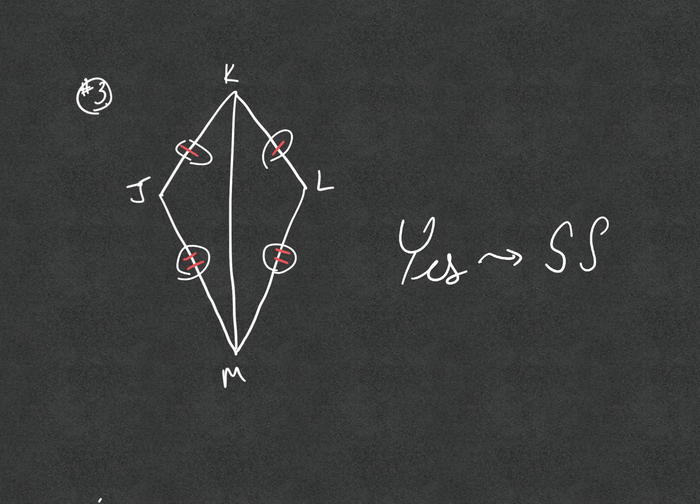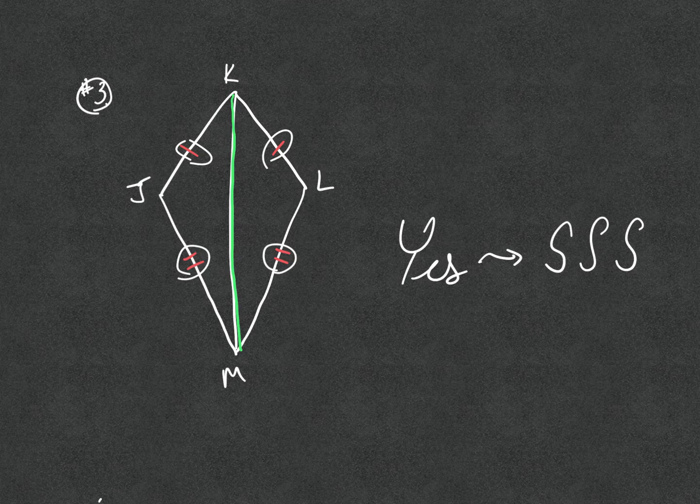The side that they share is side KM. KM in the left triangle is going to be equal to KM in the right triangle. Something is always equal to itself using the reflexive property. So that would give us a third side. So this would be a yes using SSS.